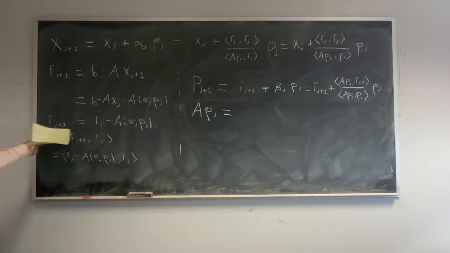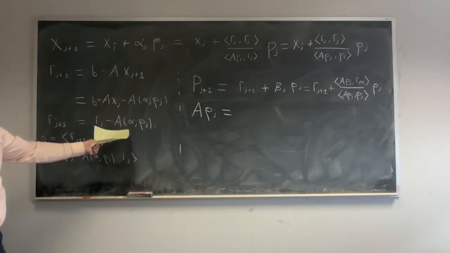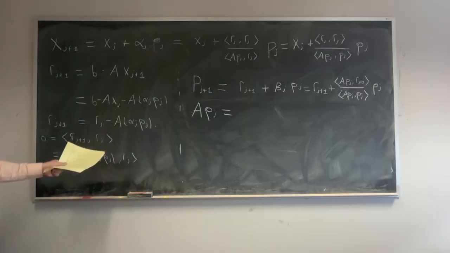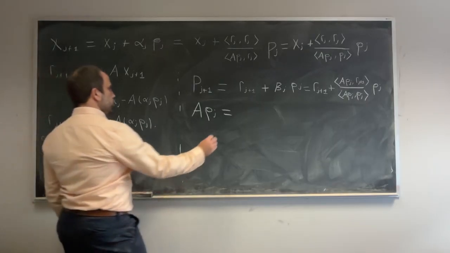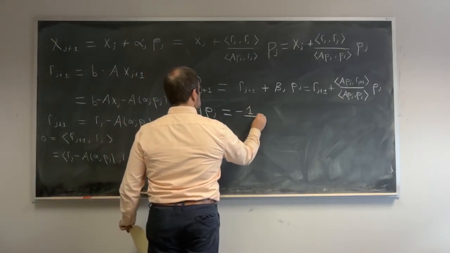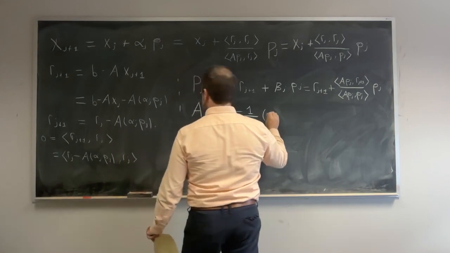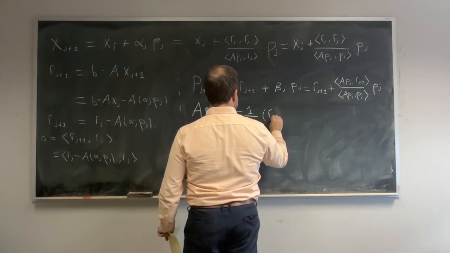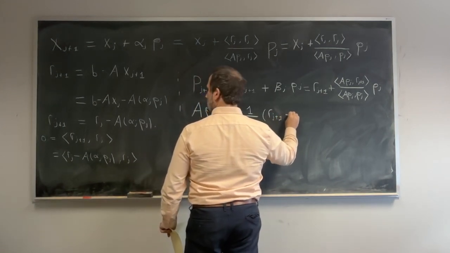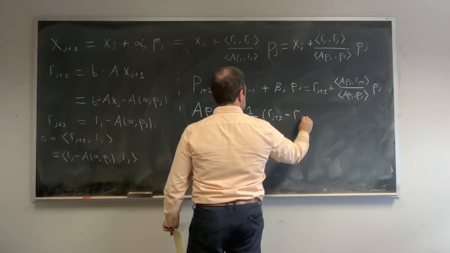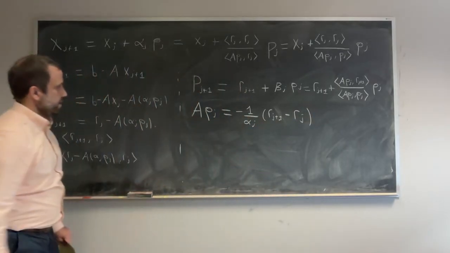Okay. If I do R_{j+1} minus R_j and divide by alpha_j, we're going to get that A P_j is equal to minus 1 over alpha_j times (R_{j+1} minus R_j).